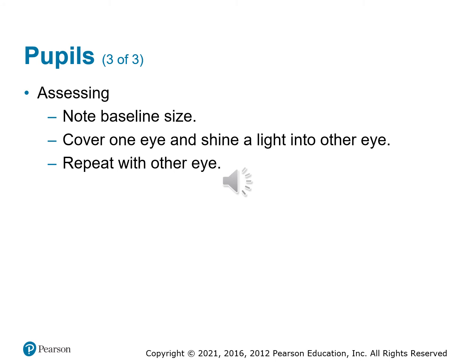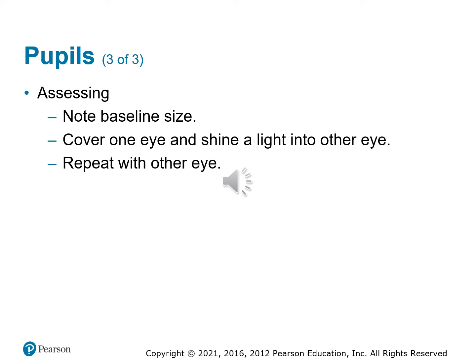So as far as actually assessing it, don't use a light source that's going to be like the surface of the sun, because that's going to skew your findings a little bit. They make little pen lights specifically for it. You can use a flashlight that's not ultra bright. What you're going to do is cover up one eye. You're going to turn the lights down, and then take your light source and run it from outside of the face over into the eye to see if it reacts.